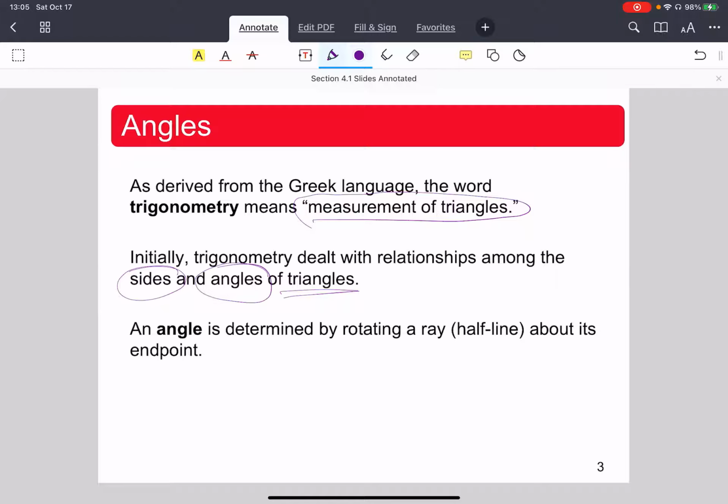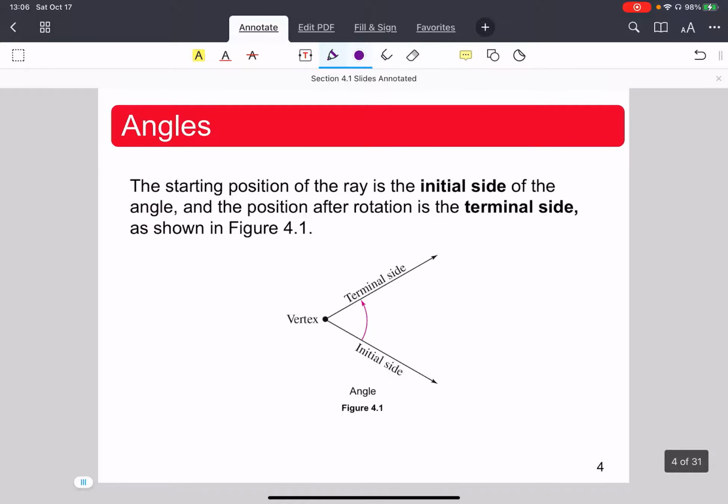We define an angle as determined by rotating any ray or half line about its endpoint. The starting point of the ray is the initial side. As you can see in purple, we have this initial side, which is our initial ray.